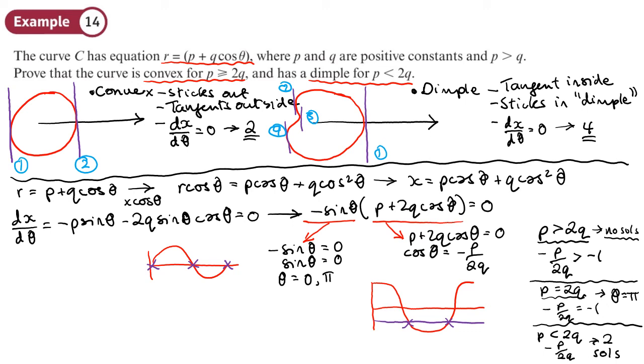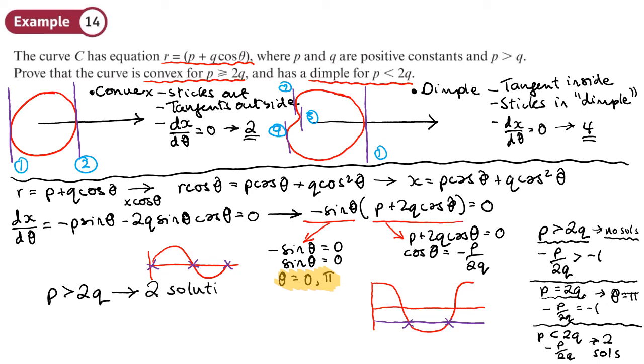So now we can put this all together. Let's now summarize what we've got. We've already got two solutions. So when p is greater than 2q, I don't get any solutions from cos. There are only two solutions.